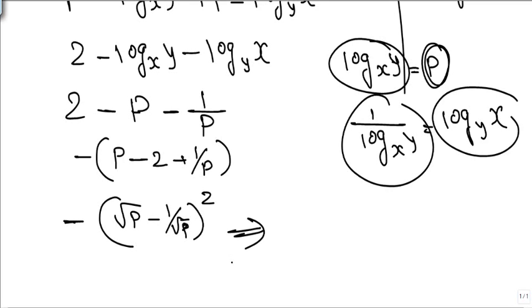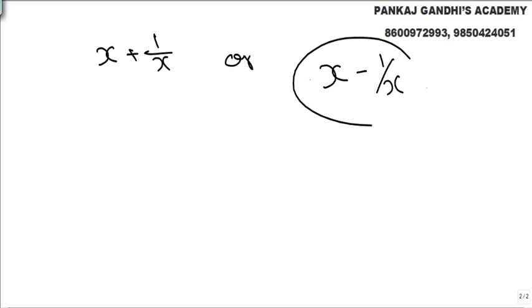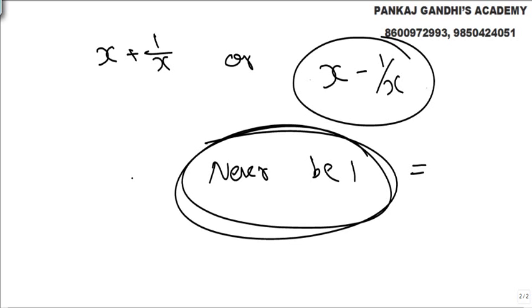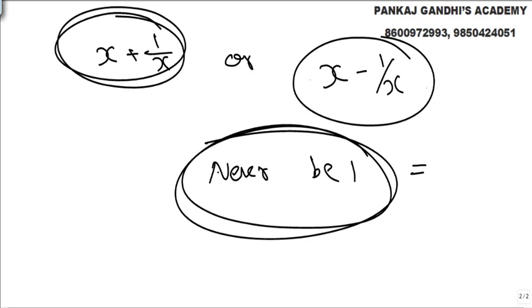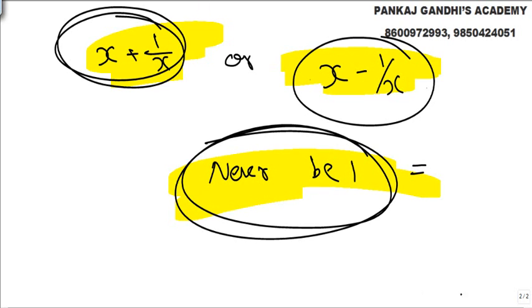Now if we go for this, look, there is one more fundamental fact. Try anything: x plus 1 by x or x minus 1 by x can never be 1. Try it anyhow, try any value, this will never be 1. This or this, it can never be 1.